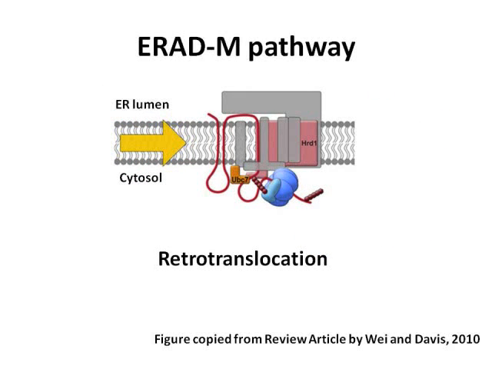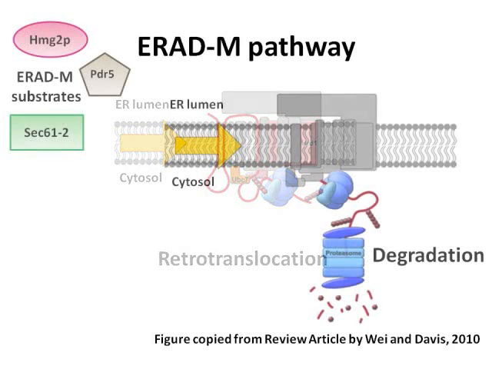Anyways, getting back to the ERAD-M pathway, after recognition, the misfolded protein is ubiquitinated by HRD1P and UBC7 and retrotranslocated out into the cytosol. Again, this process is driven by the CDC48 ATPase complex.